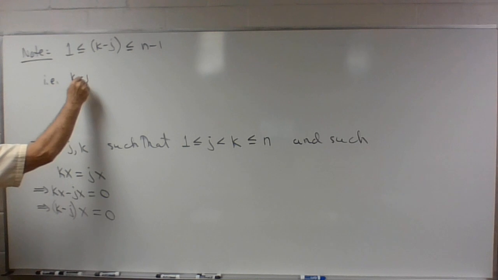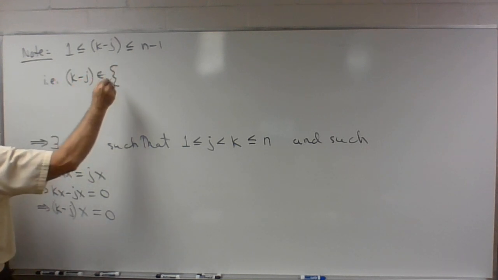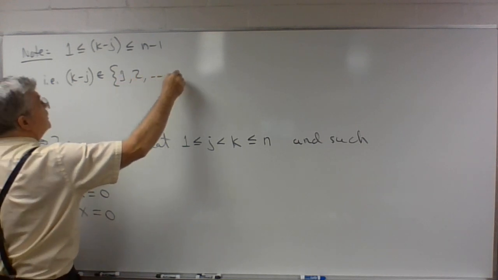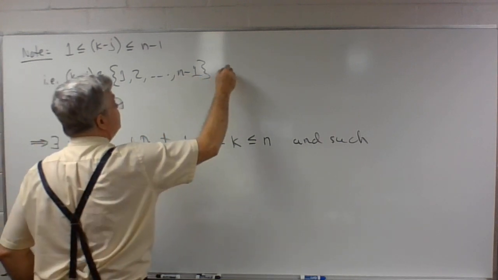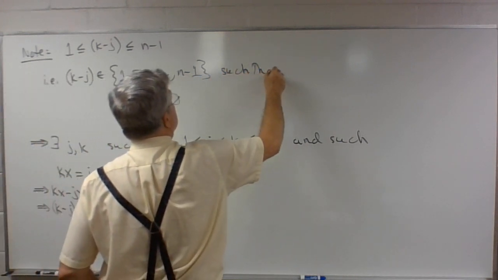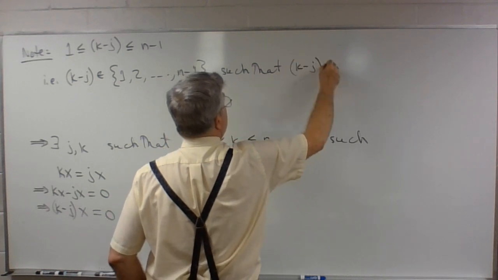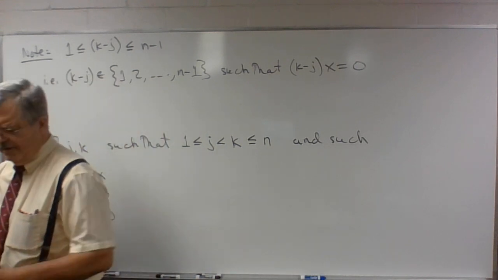So we have k minus j is an element of the set of natural numbers from 1 to n minus 1 such that (k minus j)x is equal to 0.